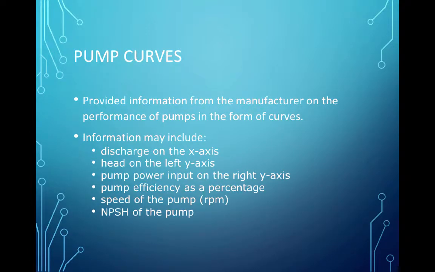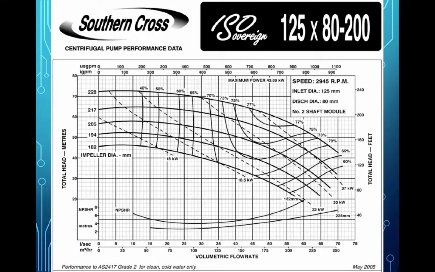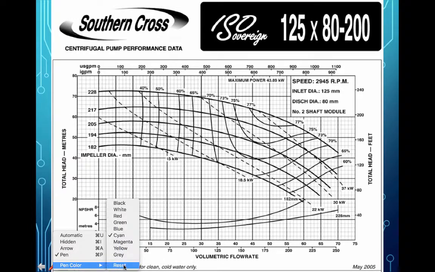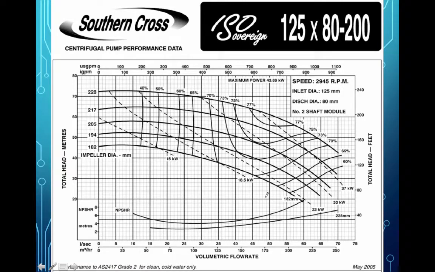Pump curves, these are from the manufacturer. They provide information on discharge head, power input, pump efficiency, speed of the pump, and the net positive suction head. Here's an example of some generic pump curve. Let me get my pen into magenta.